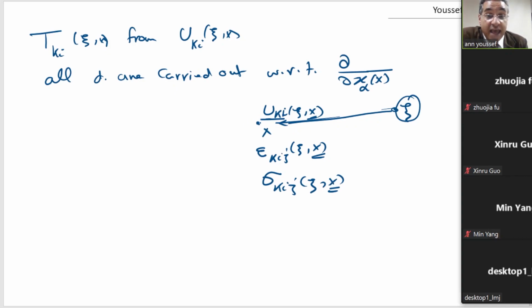So x is the variable point, but xi is always constant. This is very, very important.